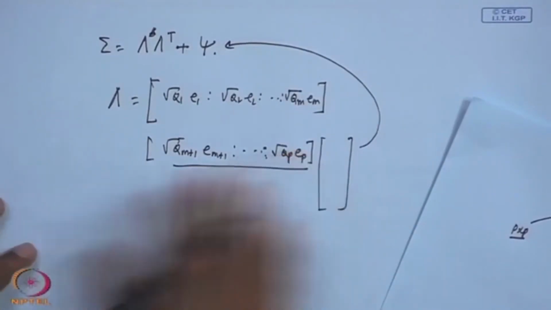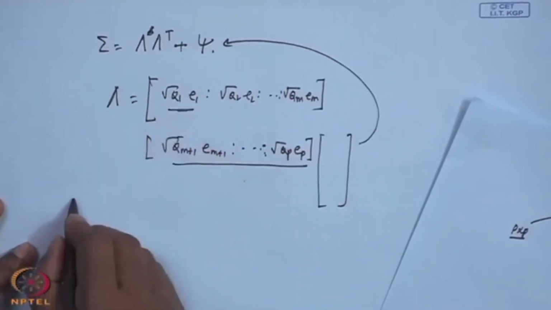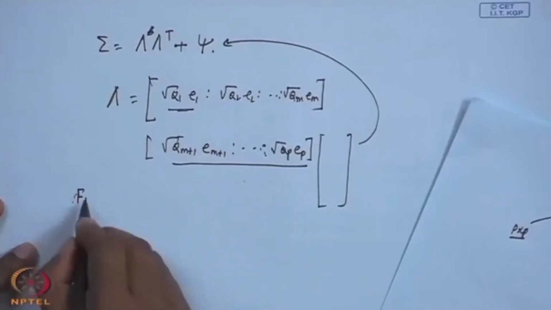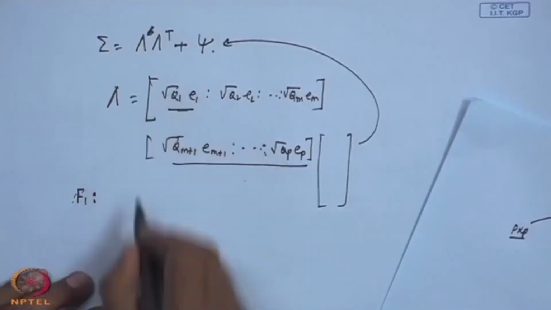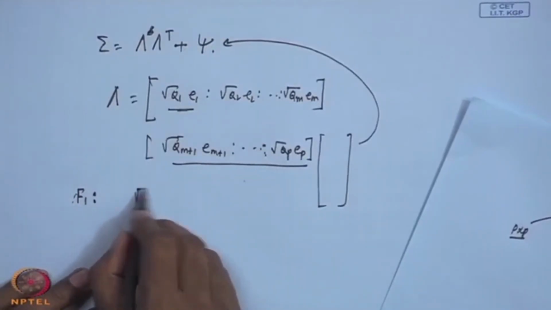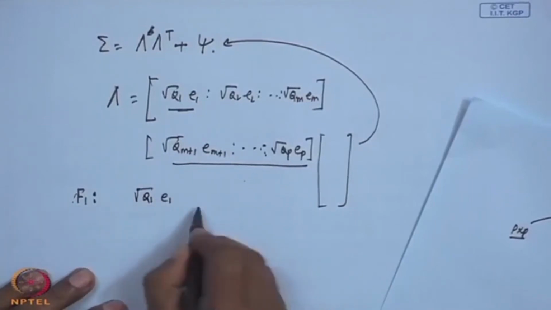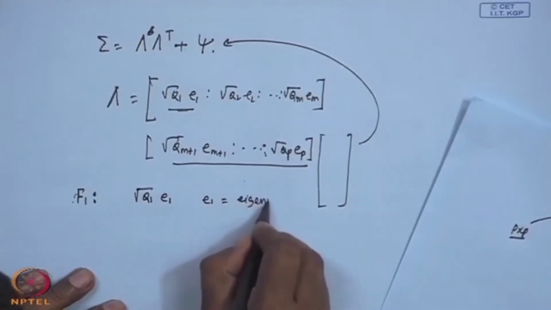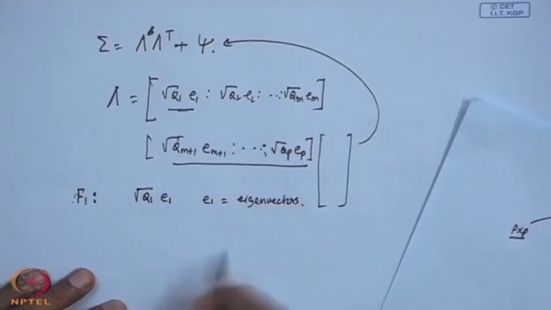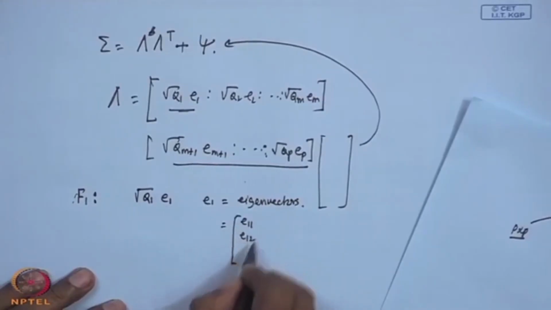Okay. If this is the case, then I can say that my first factor, f1, has loading root q1 e1, where e1 is the eigenvector, which is e11, e12 and so on.